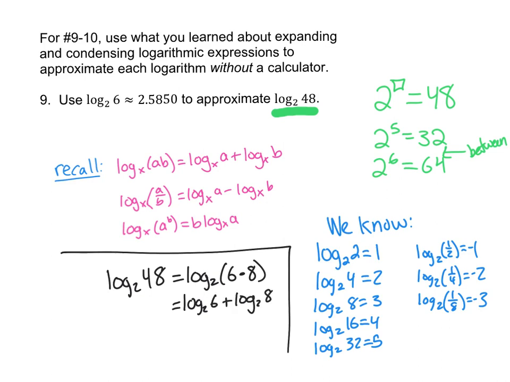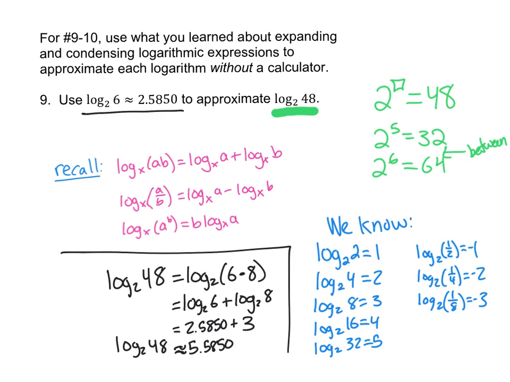Both of these can be evaluated. I'm given log base 2 of 6, which is 2.5850 rounded to the nearest 10,000th, and I know that log base 2 of 8 is 3. I can add these together without a calculator to get this sum, and I shouldn't use an equal sign here. I should use an approximation. So log base 2 of 48 is approximately 5.5850.